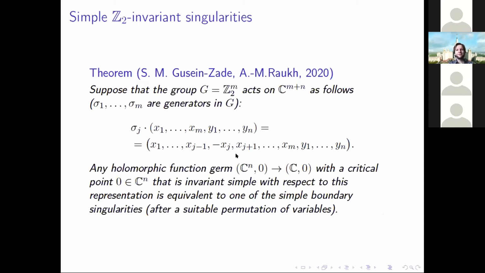So basically, they consider functions that are even in each of the first m coordinates. And the result is as follows. Any holomorphic function germ here from Cm plus n to C with a critical point 0 again in Cn plus m, that is invariant simple, is actually equivalent to one of the simple boundary singularities obtained by Arnold. So it's again more or less the same list up to a certain permutation of the variables.